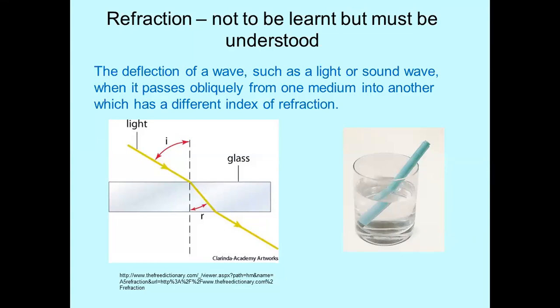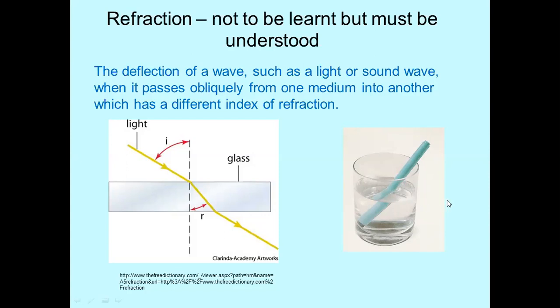So if a light ray passes from one medium, for example, air, through into water, then that light ray is bent. And you know that if you look on the right here, it will result in something like this.